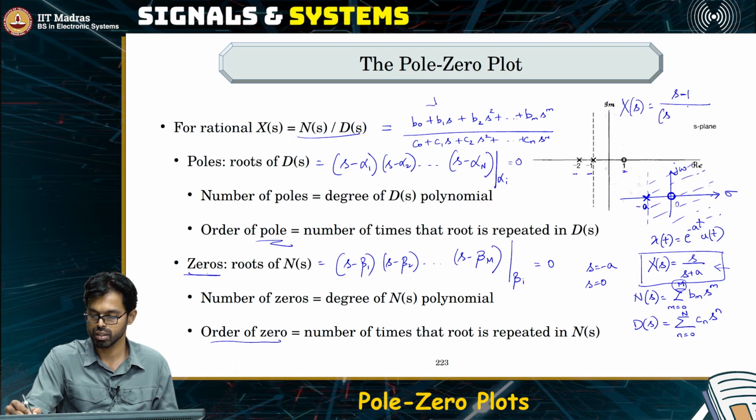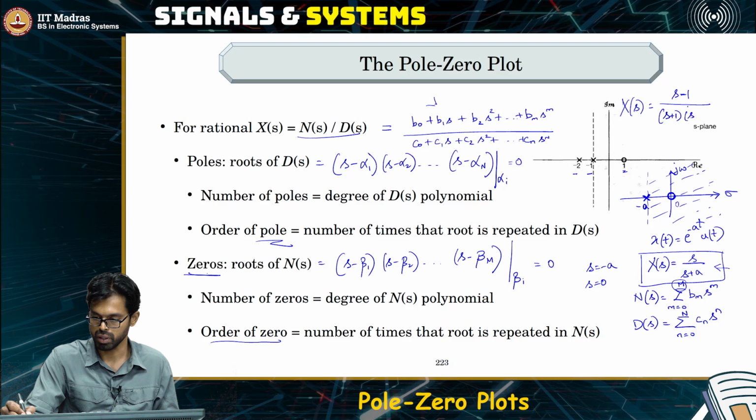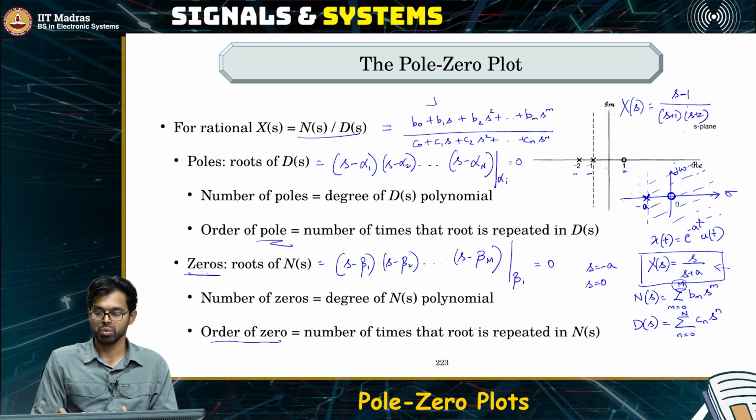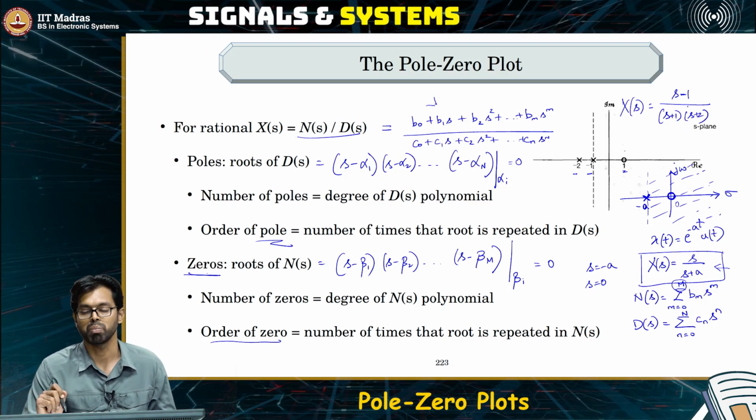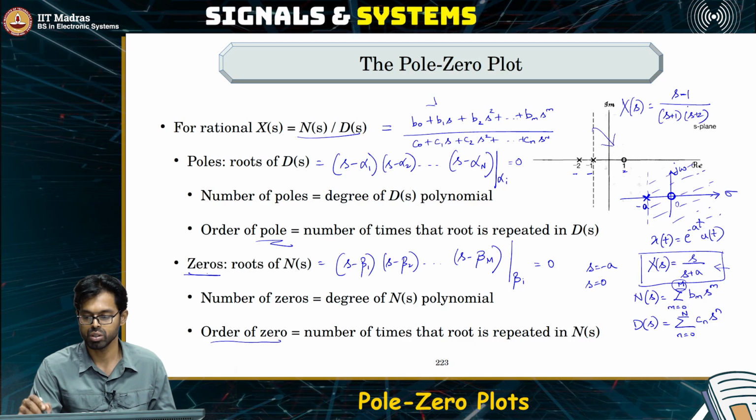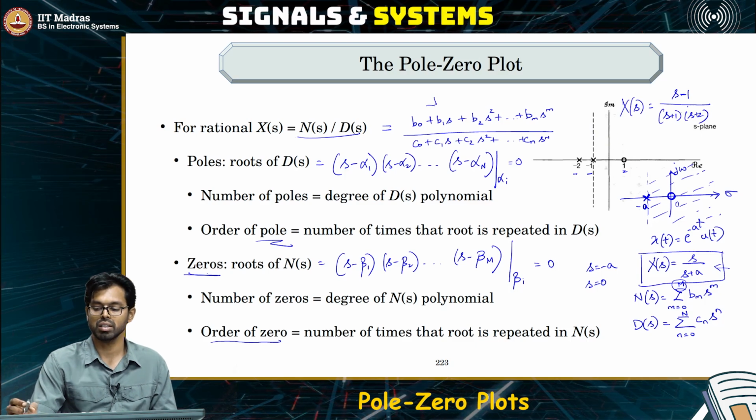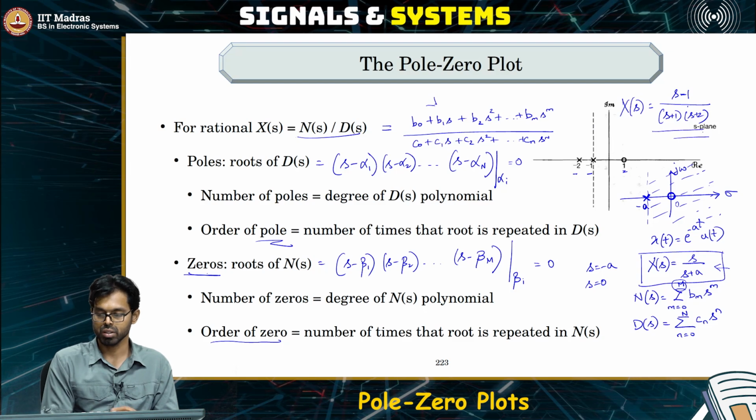So you have s plus 1 into s plus 2. Just by looking at the pole-zero plot, as we refer to it, we can directly say what the Laplace transform expression is going to be.